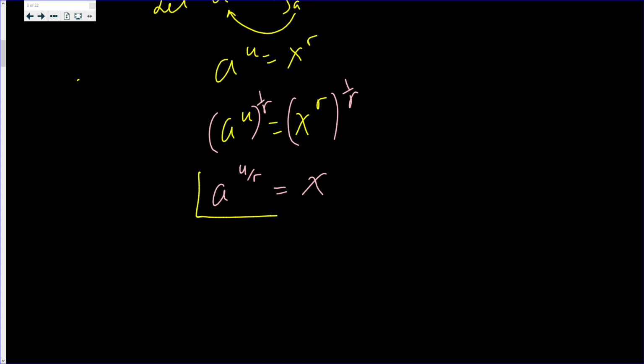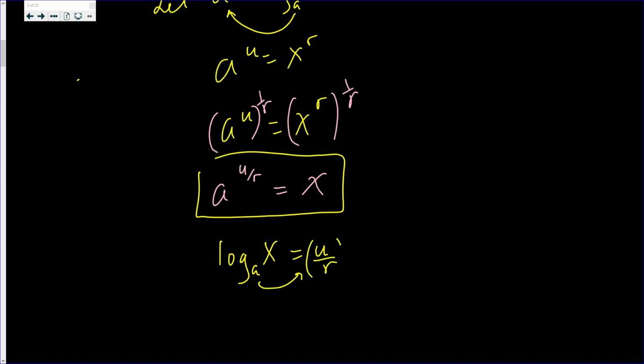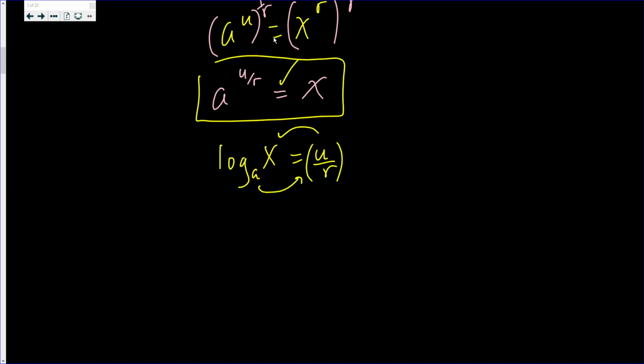So writing this logarithmically, we get log base a of x is equal to u over r. A to the u over r equals x. Exactly what it says there.